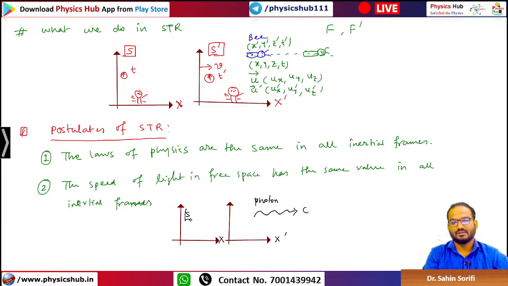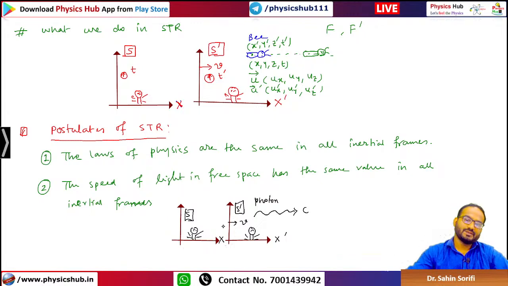An observer standing here will measure the speed of light to be c. An observer standing at this reference frame will also measure the speed of this photon to be c. So S and S prime both are inertial frames, and with respect to both the frames, photon is moving with speed c.